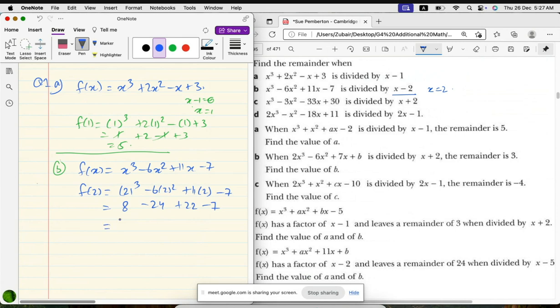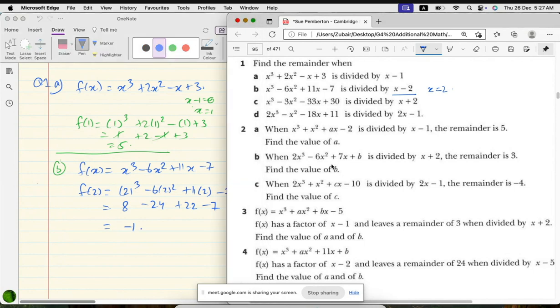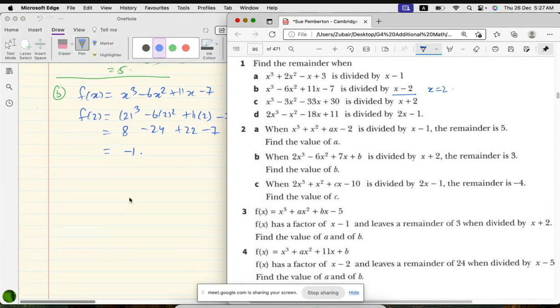Using calculator, 8 minus 24 plus 22 minus 7, getting minus 1. This is the remainder. Try the d part.